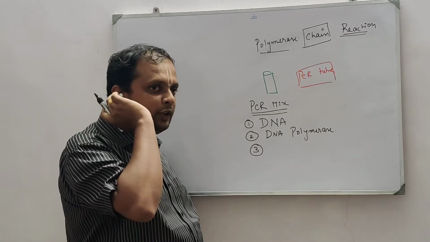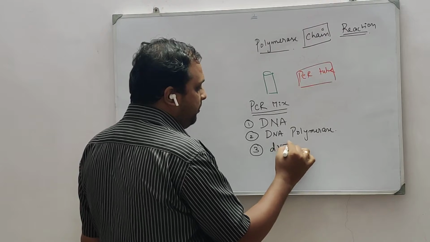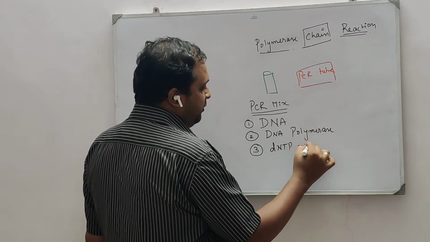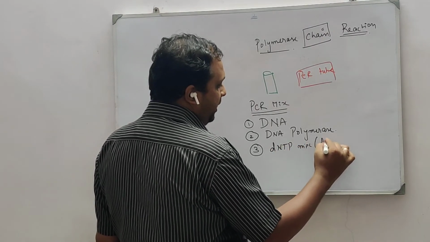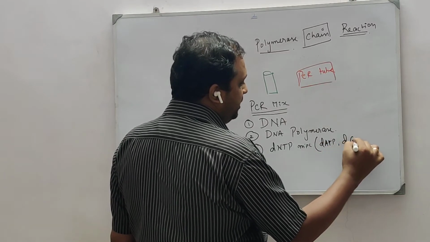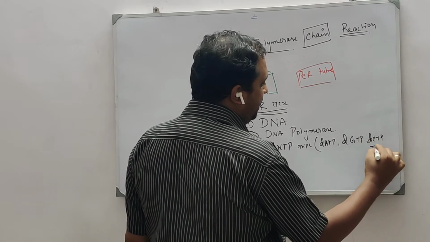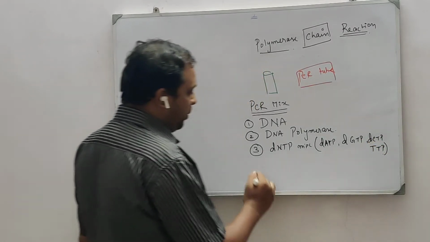So we have to provide the nucleotide supply. So you have dNTP mix, which consists of dATP, dGTP, dCTP and dTTP. So the nucleotide mix will be provided.